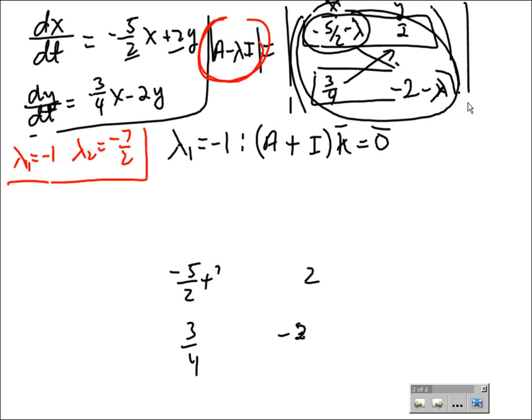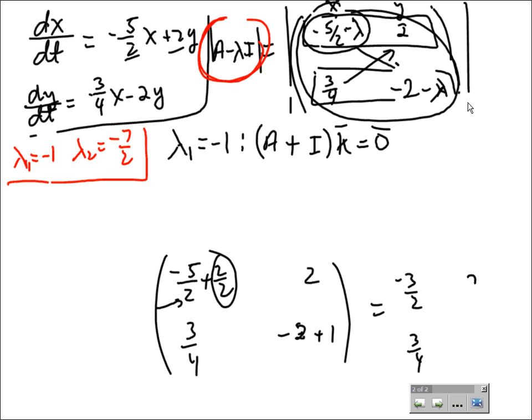We're going to add 1 to everything on the diagonal. So we have -3 halves, 2, 3/4, and -1. And we want to augment that with 0.